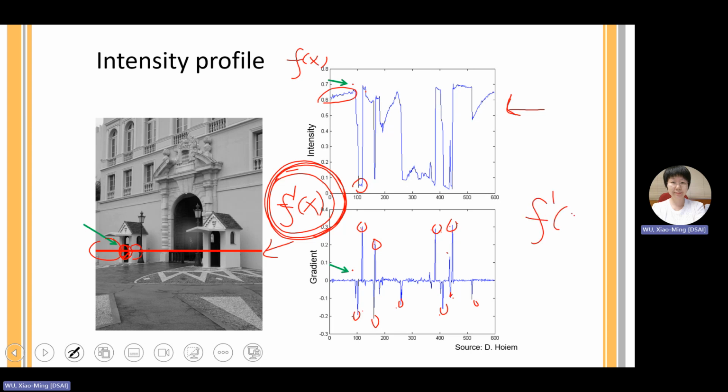So the higher the derivative, the higher the change in f, the function intensity. So the peaks or extremes in the function derivatives indicate there are significant edges at this position.